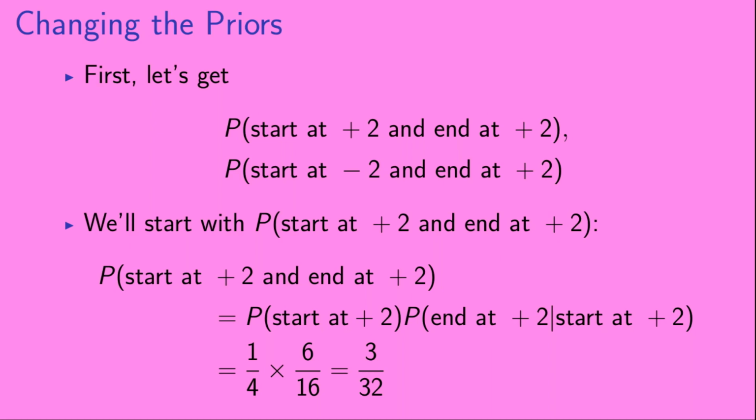So this is equal to 1/4, that's our new value for P of start at plus 2, times 6/16, which is the same value we had before for the probability to end at plus 2 if the object started at plus 2. That product is equal to 3/32.